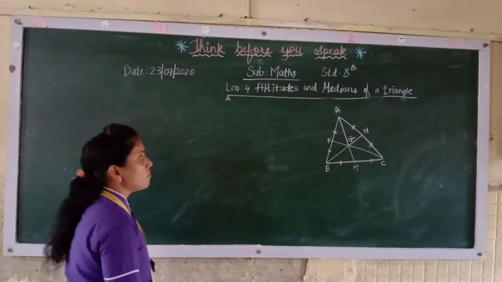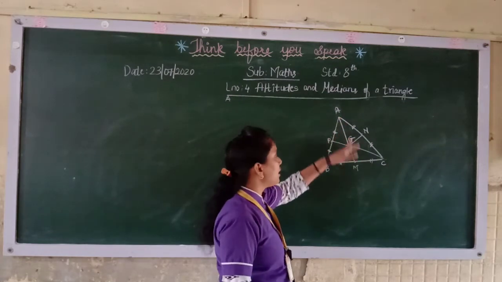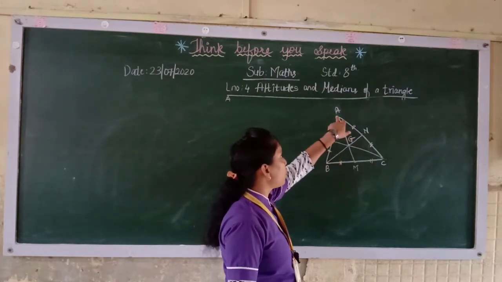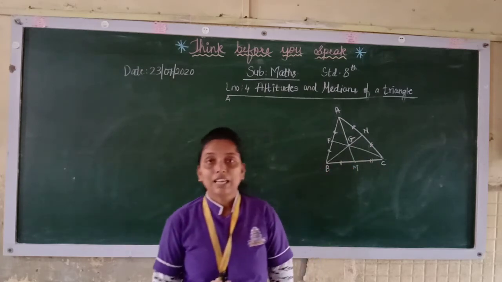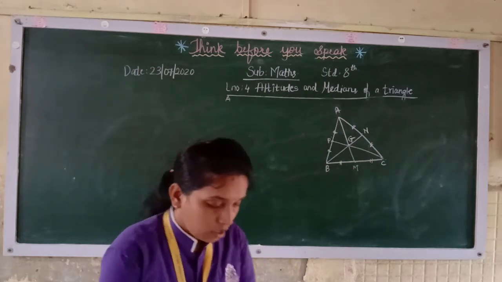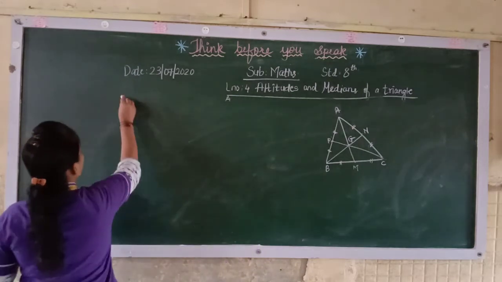So whenever there is a line joining the vertex to the midpoint of the opposite side, that is known as a median. So we'll write here, median.